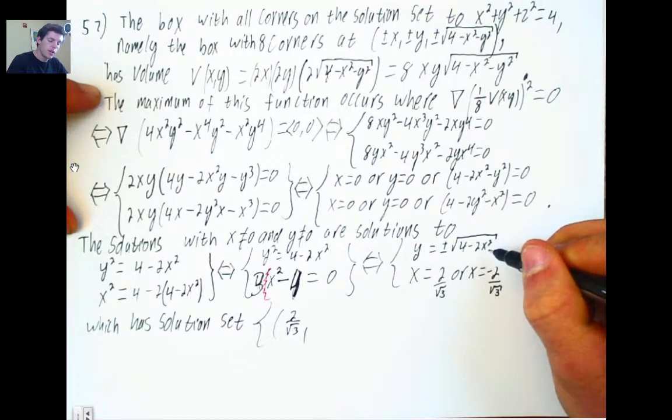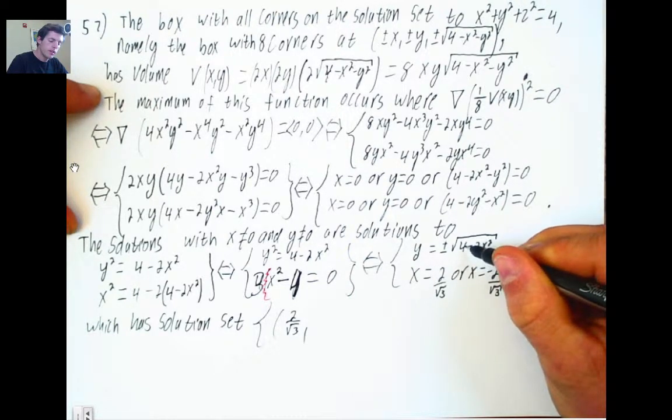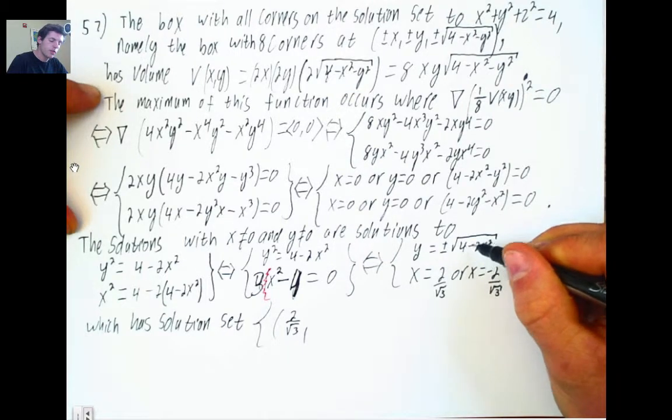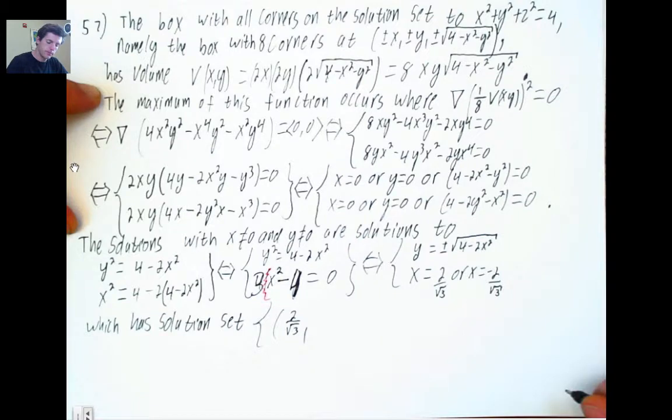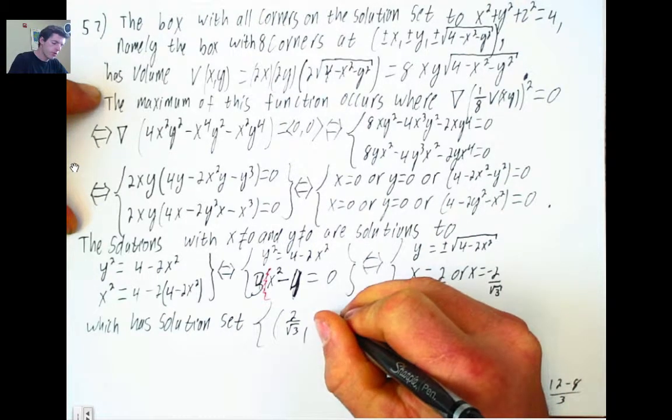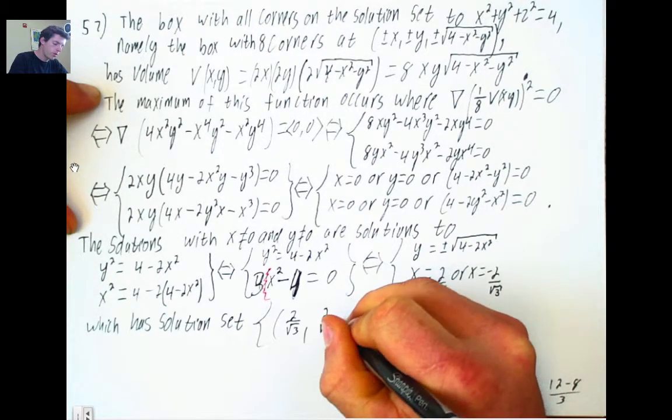And let's see, 4 is 12/3. 12 minus 8/3. That's what I'm going to be looking at. And won't that be 4/3? Square root of 4/3. Okay, so square root of 4/3 is 2 over square root of 3.